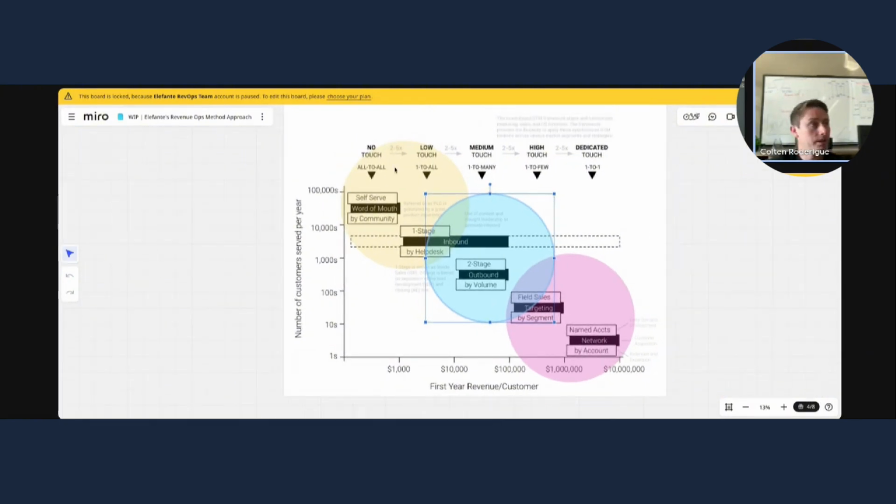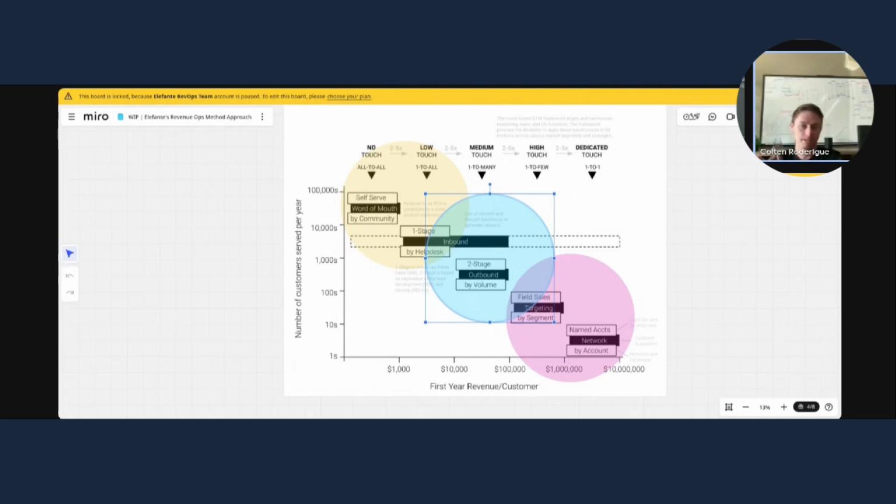And then we have no touch, low touch, medium touch, high touch, dedicated touch. All businesses are different. For example, let's say it's an e-commerce store. All I want to do is create ads and marketing, and I just want a customer to come to my website and purchase a product, and that's it.